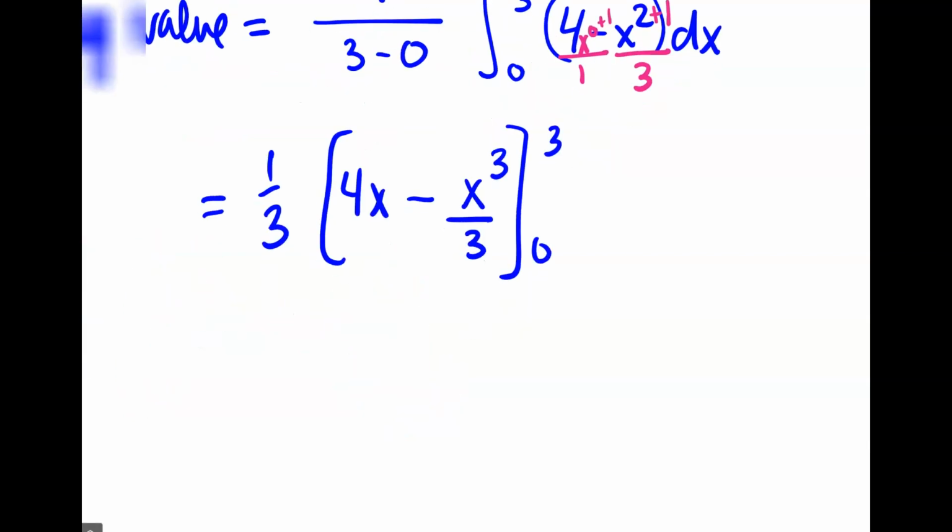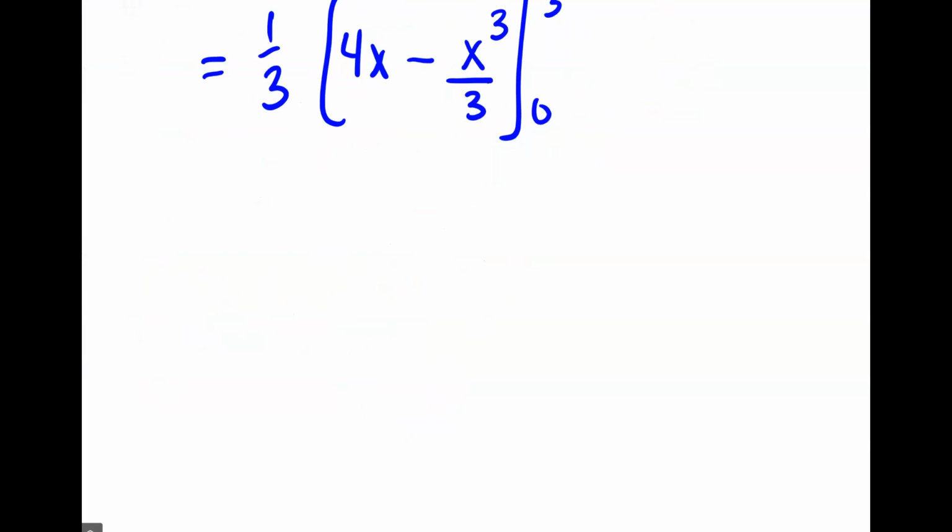Okay, let's go ahead and evaluate. So this is just 1/3. Plug in 3: 4 times 3 minus 3 cubed over 3. What happens when I plug in 0 for x? Right, it's just going to be 0.